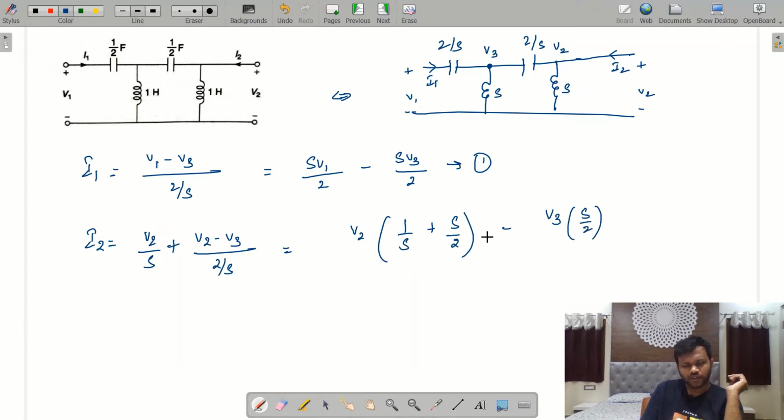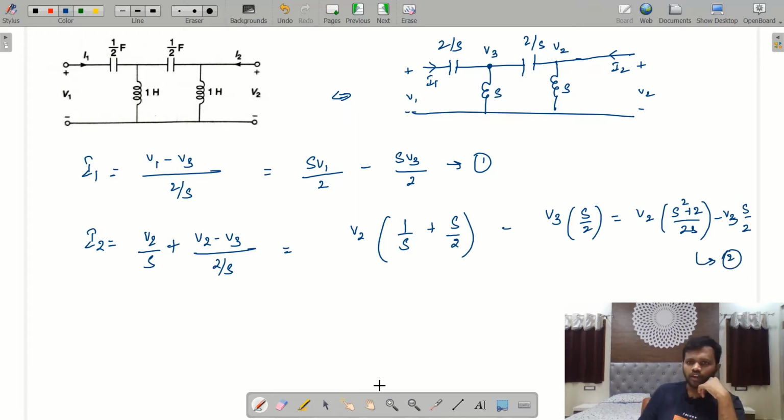So which will be equal to V2 into 2 plus S square by 2S, minus V3 into S by 2. I will consider it as equation 2.